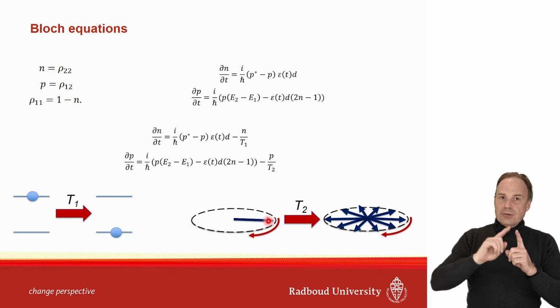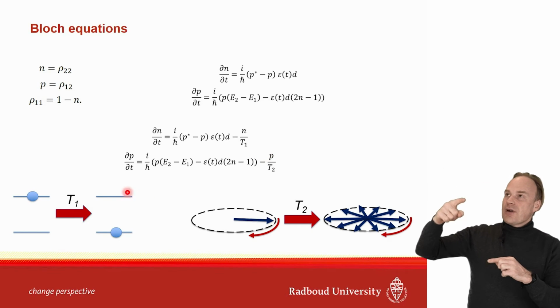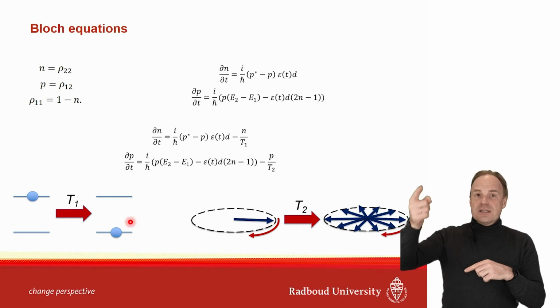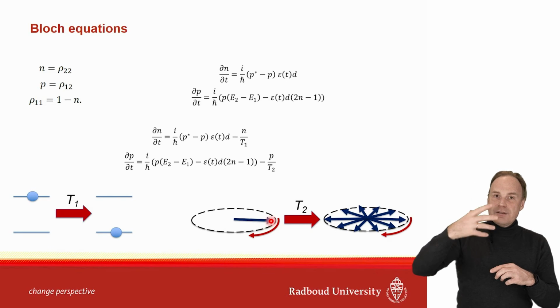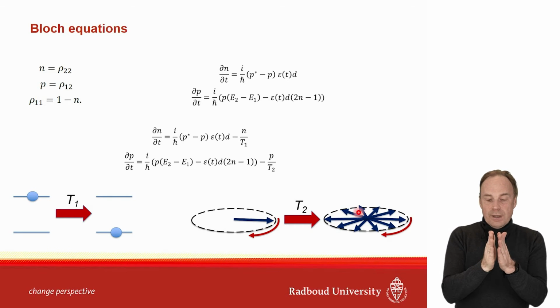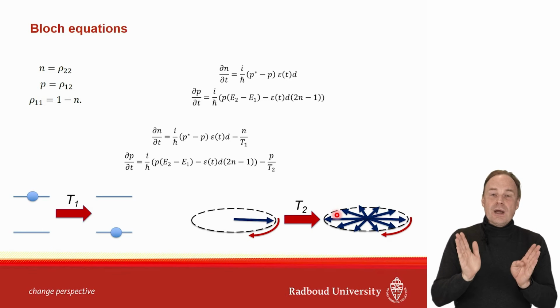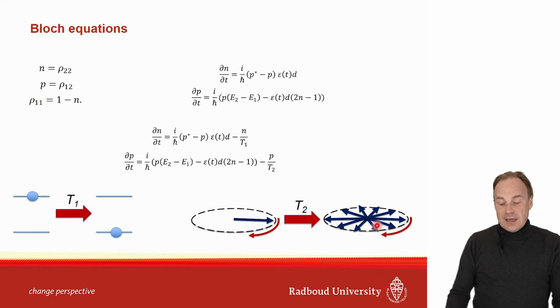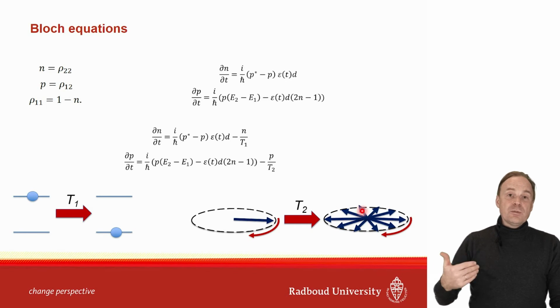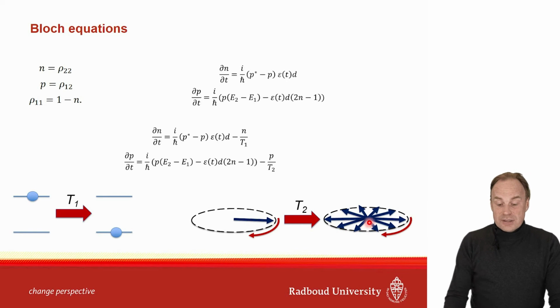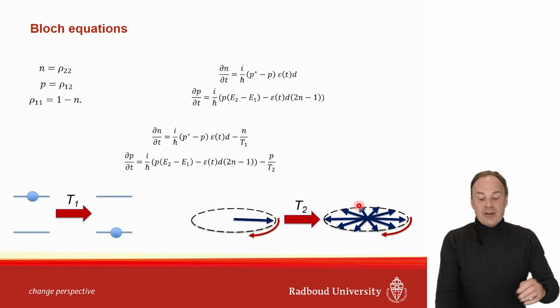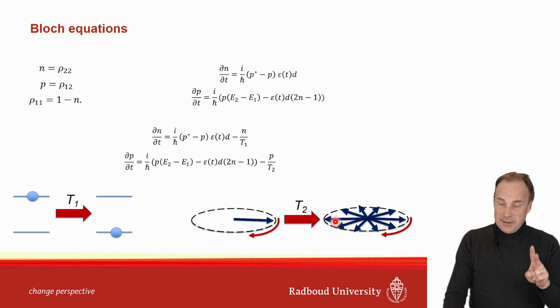Also, each of the two-level systems will tend to interact with the environment and lose its phase, and while each of these two-level systems acquires a different phase, polarization will decay, and this decay will have to be described somehow. In order to describe recombination and decay of polarization, we introduce two parameters, T1 and T2, into this differential equation.